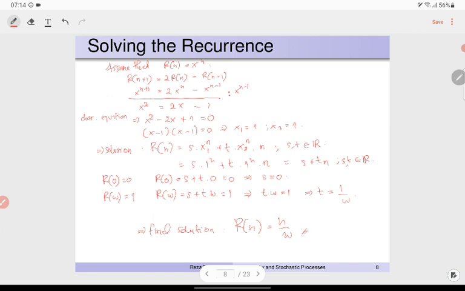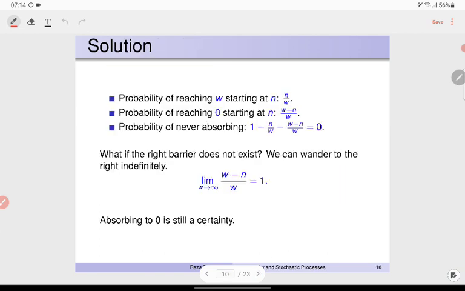So this is our conclusion: reaching W happens with probability n divided by W.